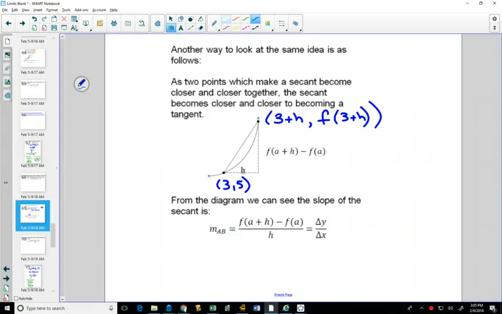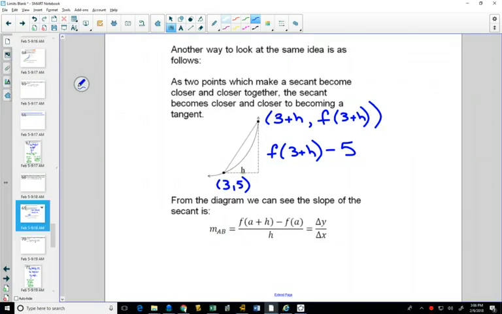Whatever 3 plus h, if I plug that in, that's going to be the y coordinate there. Then my vertical distance is going to be this y coordinate, f of 3 plus h, minus this y coordinate, which is 5.